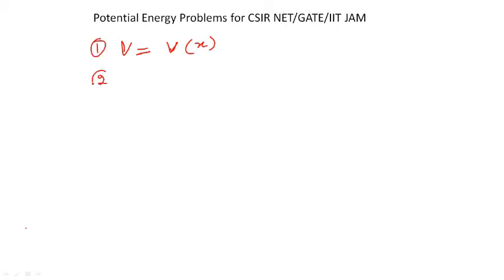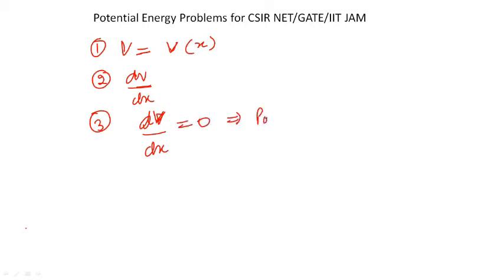Then we find dV over dx, and in the third step we put dV over dx equal to 0, and from here we find the points.